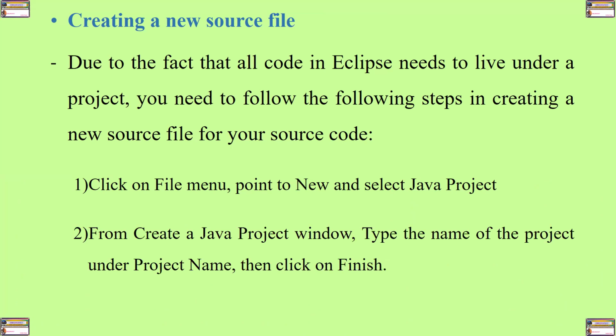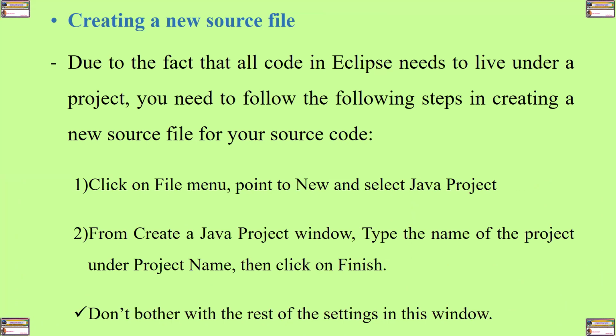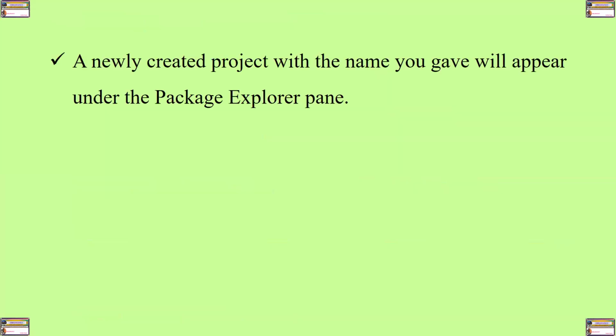The second step, from the Create a Java Project window, is to type the name of the project and then click on Finish. Always remember not to bother making any settings for the rest of the options in this window.